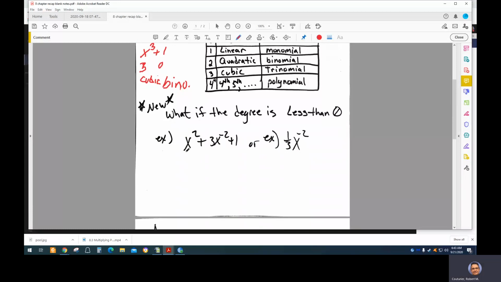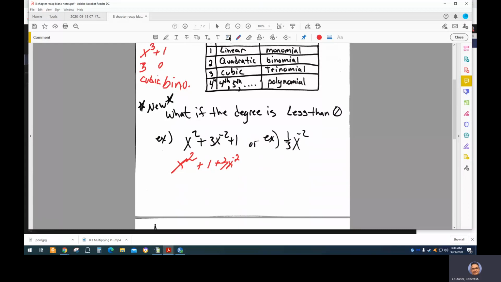If we write this in standard form, we have x to the 2nd power, which is a degree of 2, then 1, which is a degree of 0, and then 3x to the negative 2 power. So x squared plus 1 plus 3x to the negative 2 power. Is this a polynomial? I'll ask it.